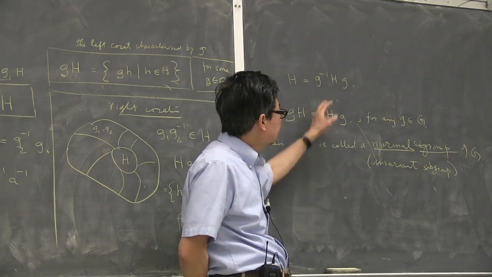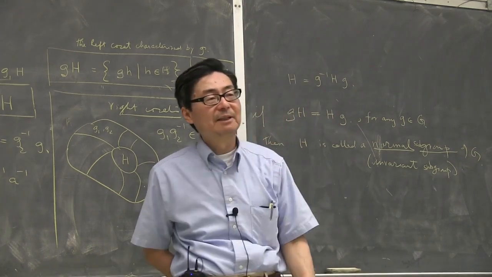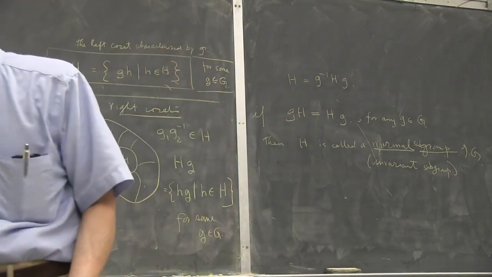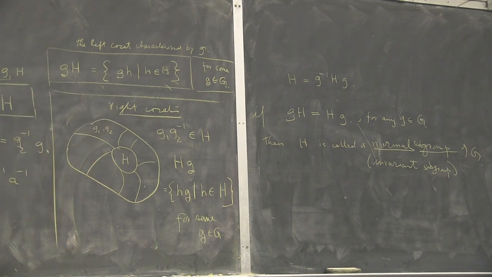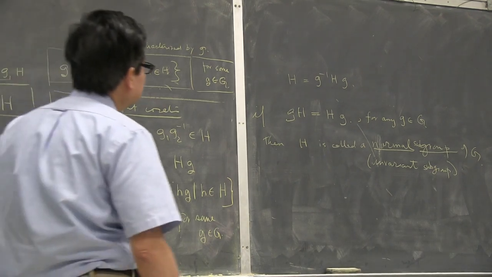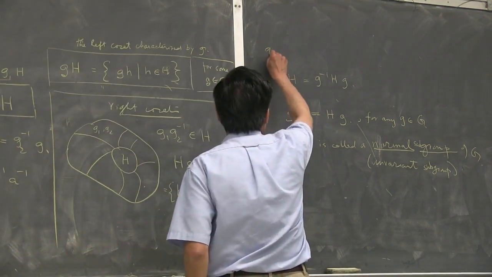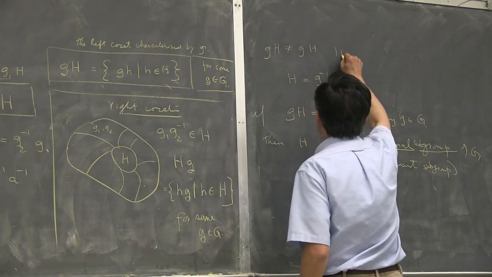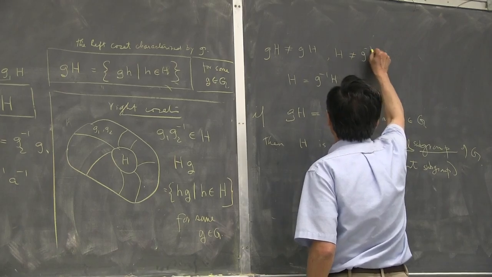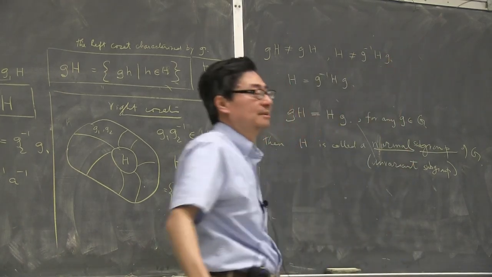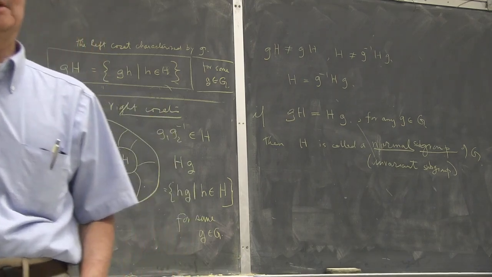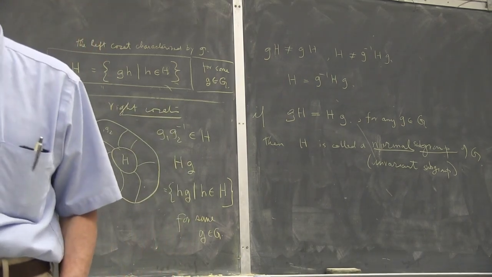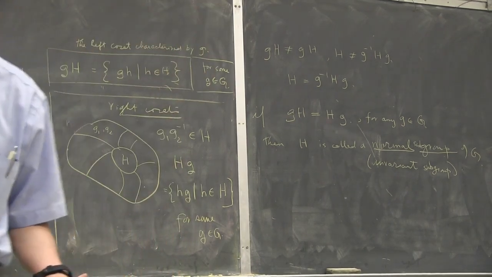So in this sense, we say that H is invariant under any similarity transformation given by any element in G. So that's why it's called an invariant. After a similarity transformation, it gives you the same thing. Obviously, if you have the general situation, then H is not equal to G inverse H G. So that H then is not an invariant subgroup. It's just some subgroup, okay?